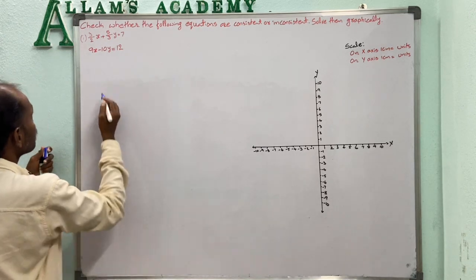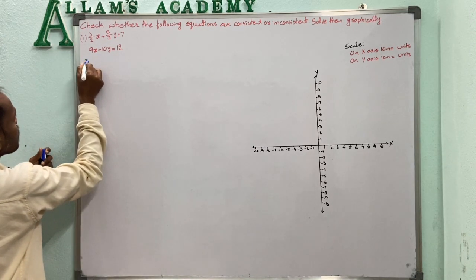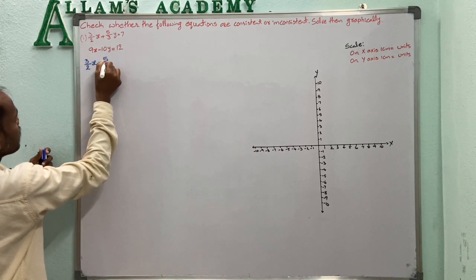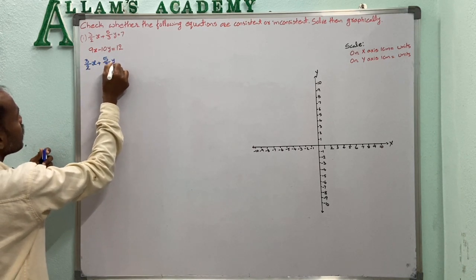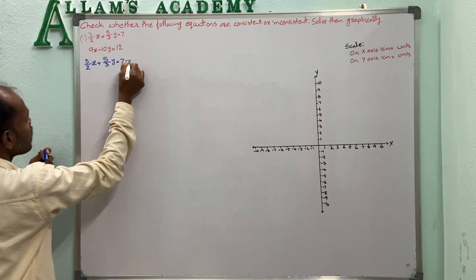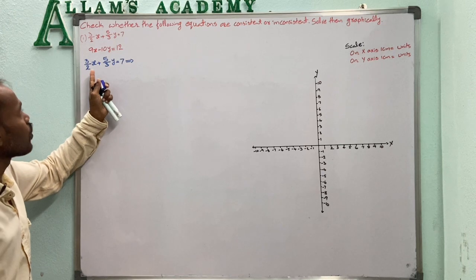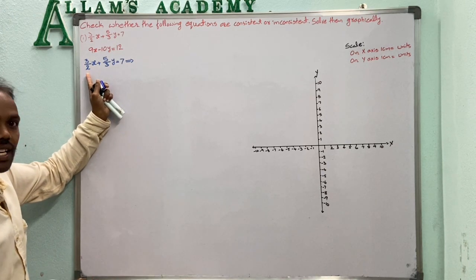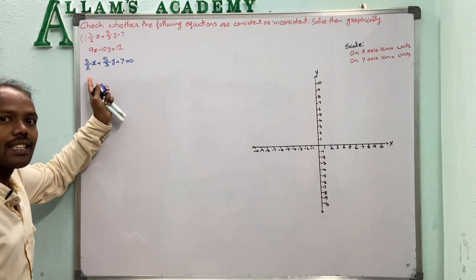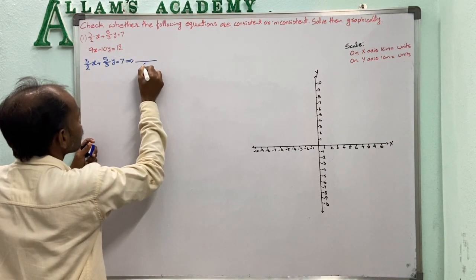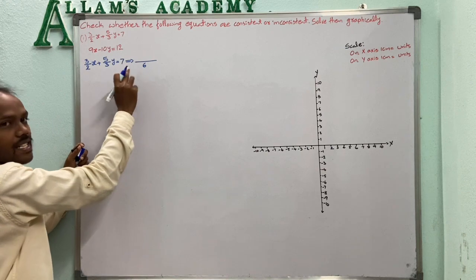So 3/2 x plus 5/3 y equal to 7. We have to take the LCM of the denominators of the coefficients of x and y. The denominators are 2 and 3. The LCM of 2 and 3 is 6.